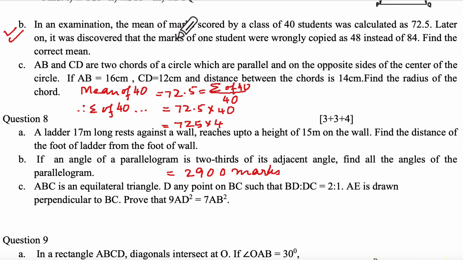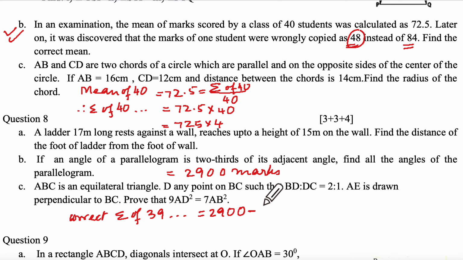Now later on it was discovered that the marks of one student were wrongly copied as this instead of this. Okay. So that means the correct sum of 39 will be this minus how much was added? 48.